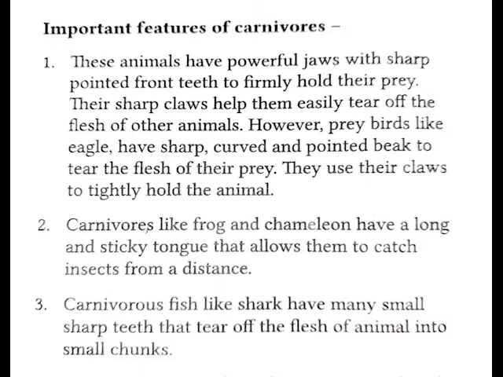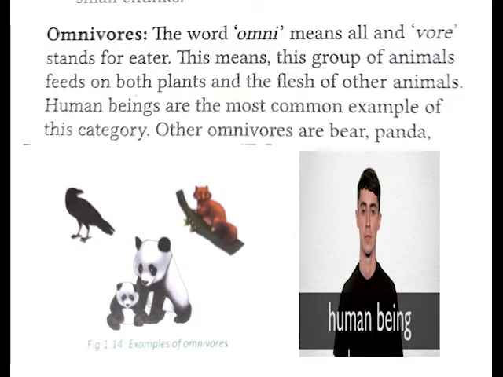Frog has a very long tongue, so it can hold its prey from the distance. Carnivorous fish like shark have many small sharp teeth that tear off the flesh of the animals into small chunks.